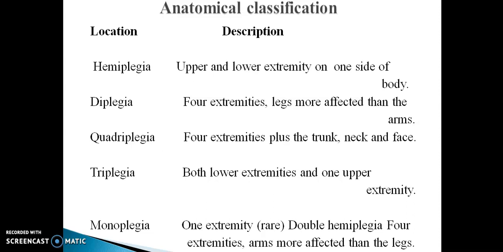In quadriplegia, all four extremities are affected. Also, the trunk, neck, and face are affected. That means the whole body is affected. All this abnormal muscle tone will be evident throughout the body, so no part of the body is exempted or normal.